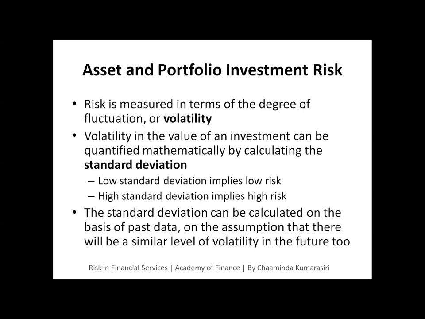However, when you use historical data to estimate the future, there is an underlying assumption that the future will follow the history. That means whatever fluctuation you witnessed in the past will continue in the future as well.